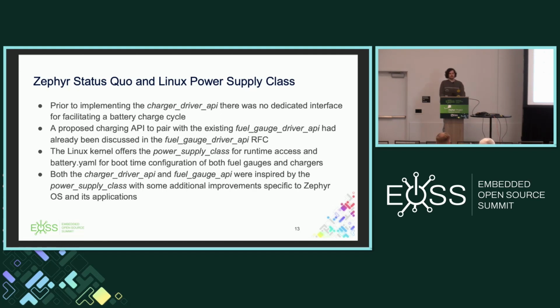A charging API had actually already been proposed in an RFP for the fuel gauge driver API. If you remember back in the system block diagram, there was the battery pack with an IC on board. In Zephyr, prior to the charger driver API, there was a fuel gauge driver API RFP, and it mentioned a future need for the charger driver API.